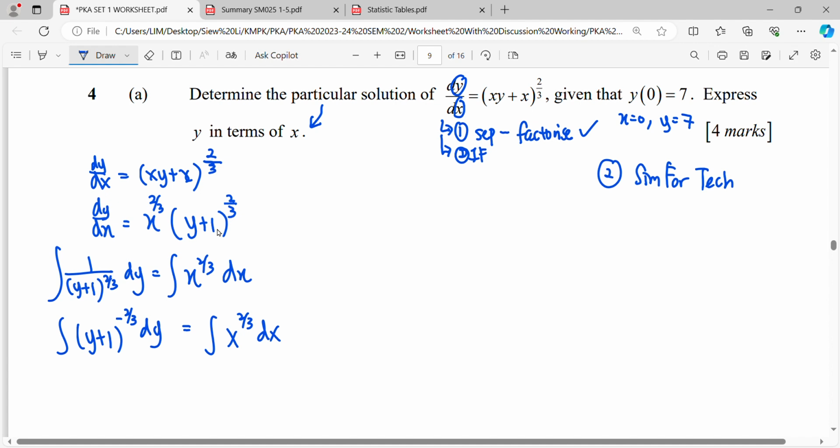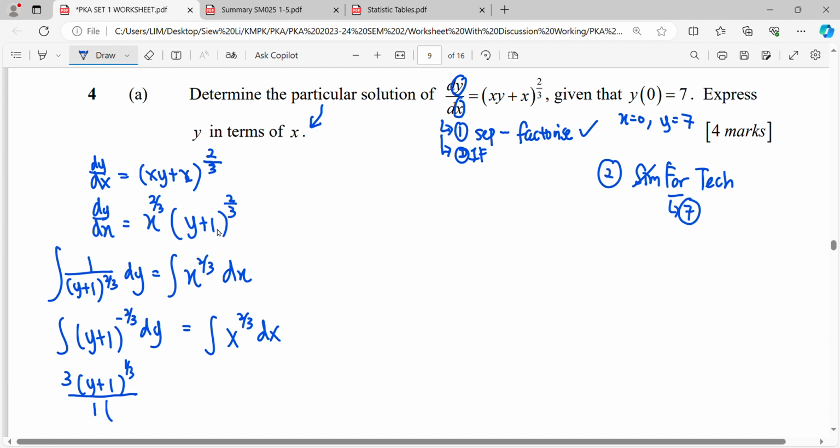So after we simplify, we find the formula. Formula in the bracket of linear, so formula number 3. Here we have 7 formulas. So what is your formula number 3? Your power plus 1, it will become 1 over 3, over new power 1 over 3. So the denominator straight away goes back to the numerator, so we don't have over and over again.